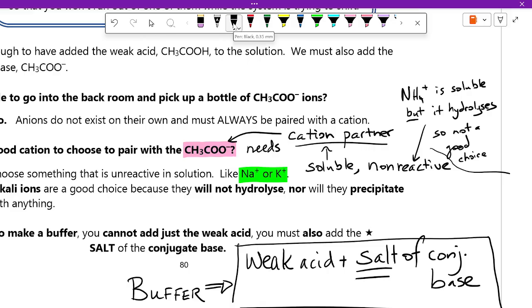And in fact, if you have a weak acid and you have the salt of its conjugate base, you are going to have an acidic buffer that buffers at pH below 7.